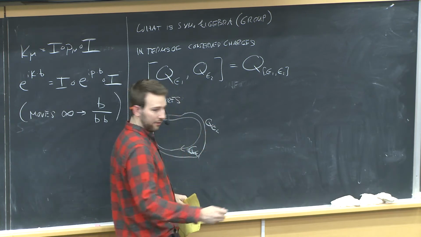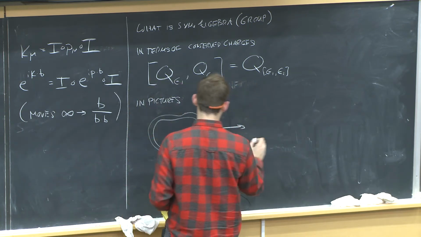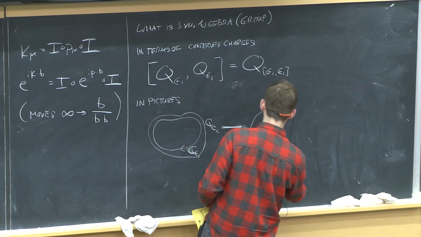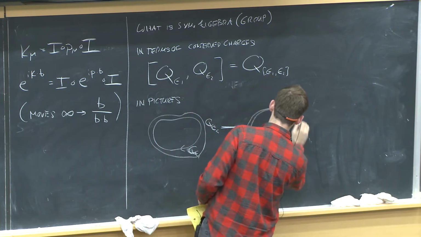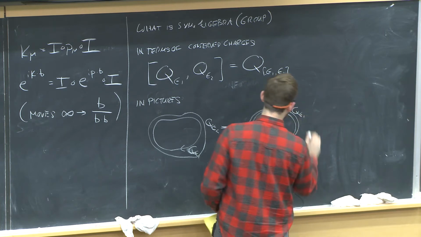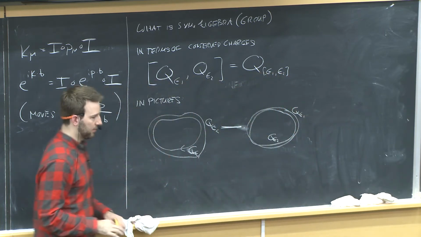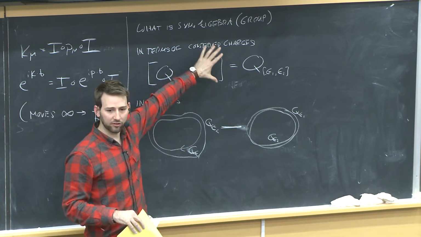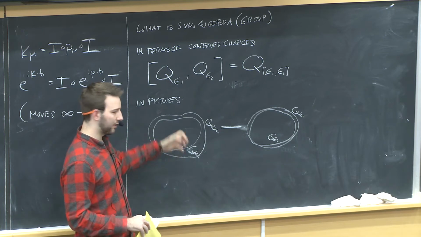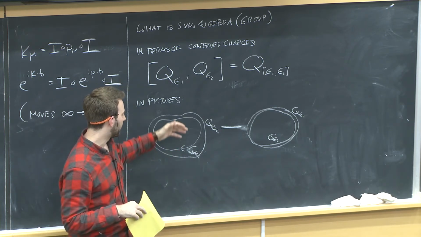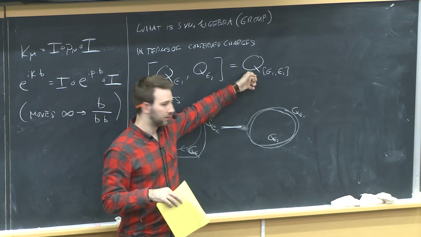There's an ordering here, and I can compare it with a minus sign to the case where Q epsilon 2 is on the inside and Q epsilon 1 is on the outside. And this is a commutator. This is what this means. In correlation functions, if I've inserted these things on adjacent slices, then the result will be related in this way.